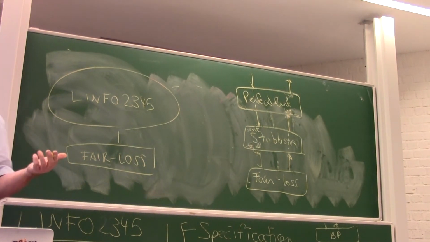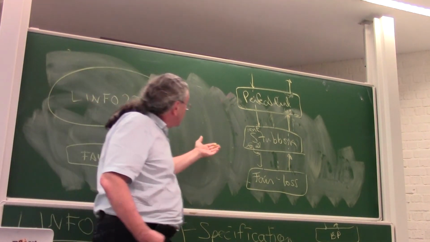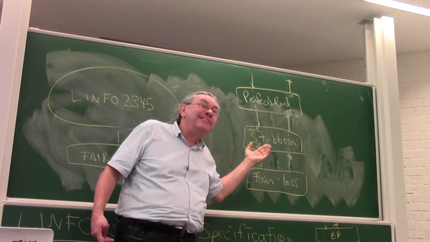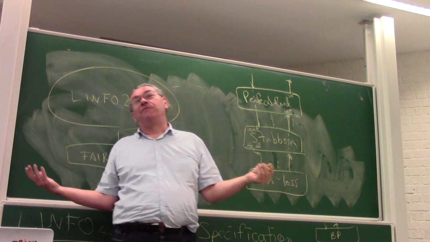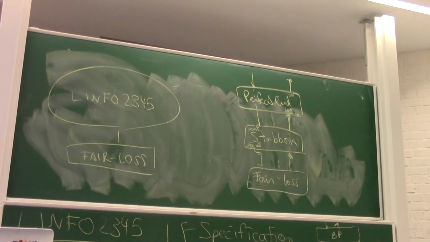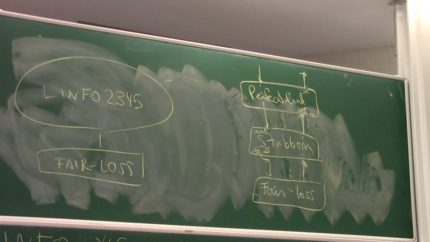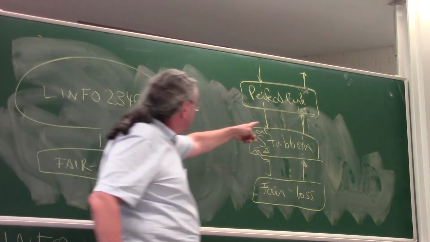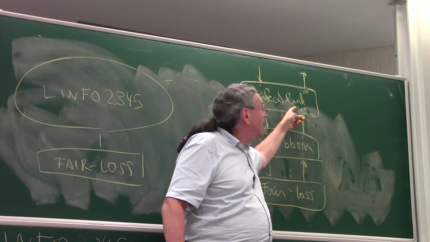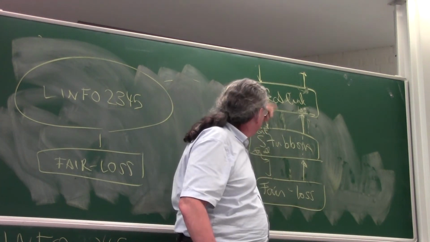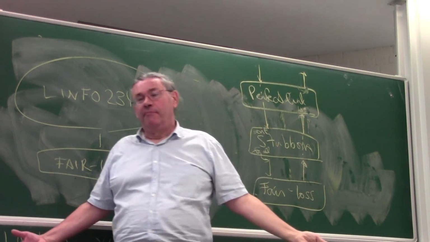So why did I write it this way? In fact, this is very inefficient. This stubborn link is going to deliver an infinite number of times. How stupid can you get, right? And this log here is just going to keep growing forever, right? So why am I implementing it this way? What do you think?